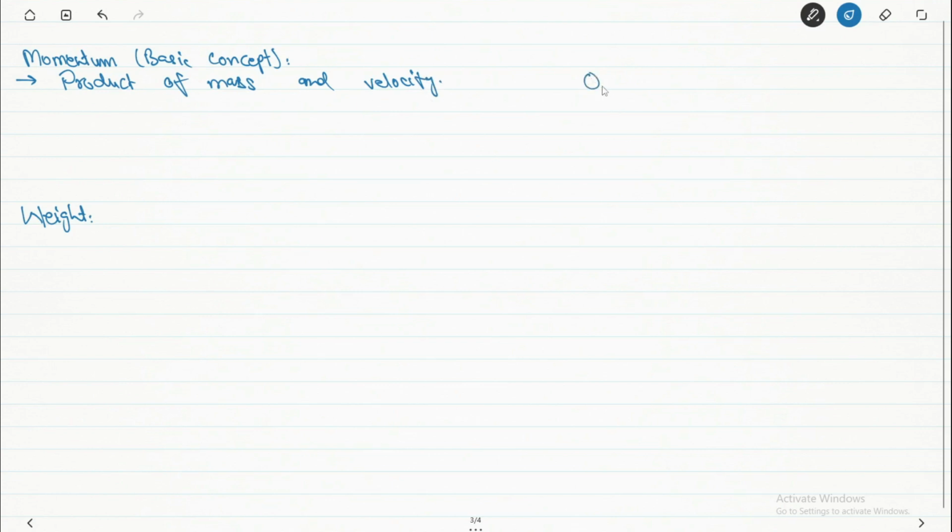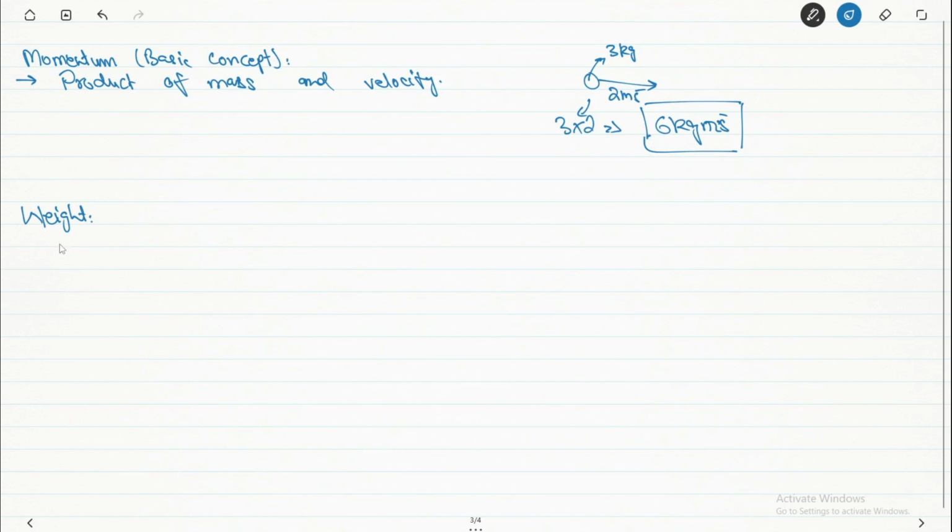So for example, this is a particle with a mass of 3 kg and a velocity of 2 meter per second. So its momentum would be 3 into 2, which is 6 kg meter per second, right? So this is the unit of momentum. No derived quantity right now, just understand the basic units.